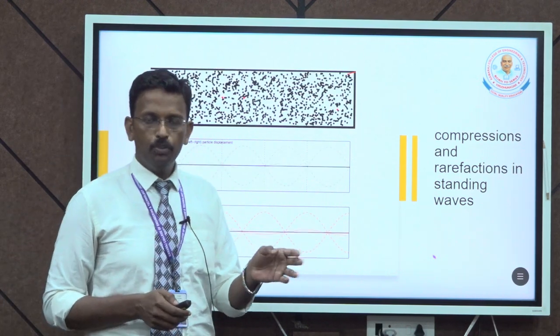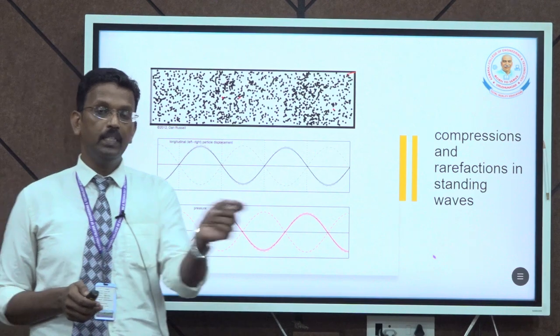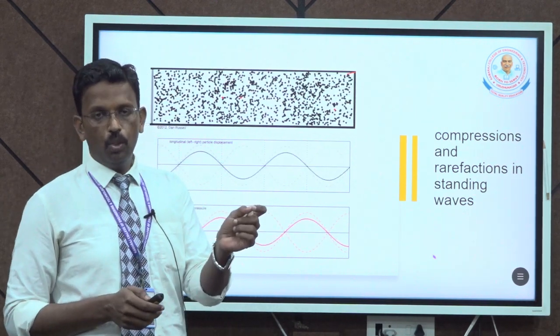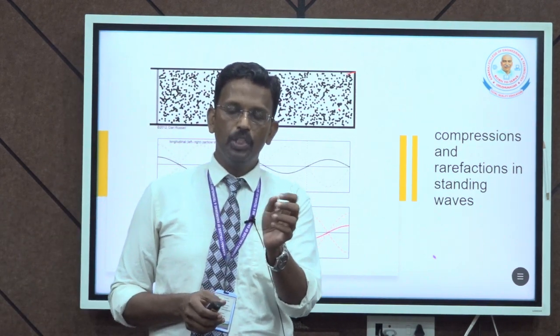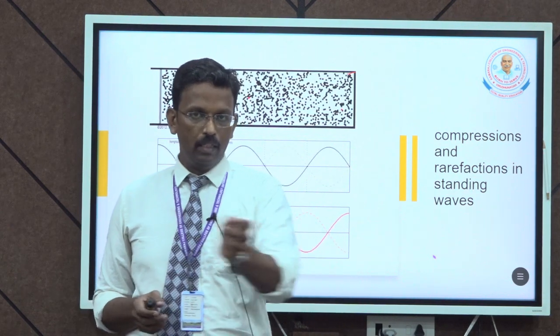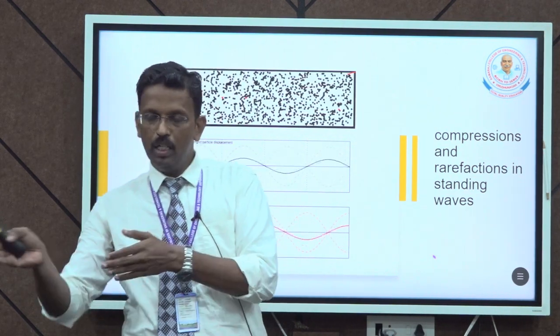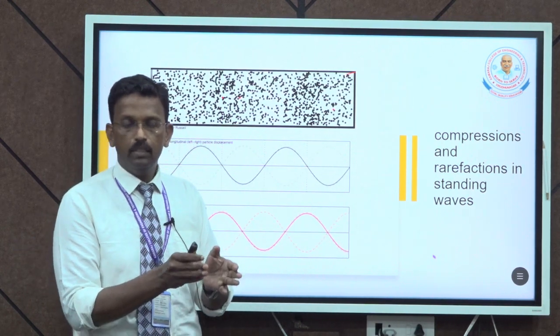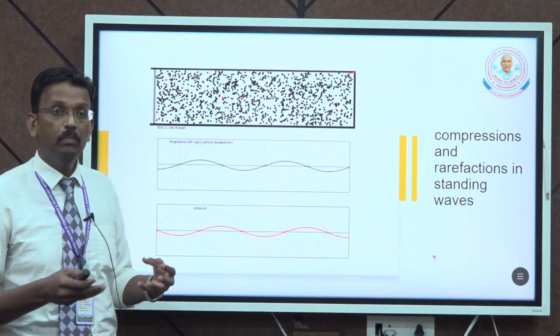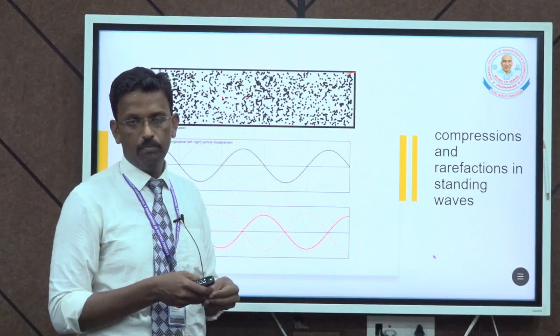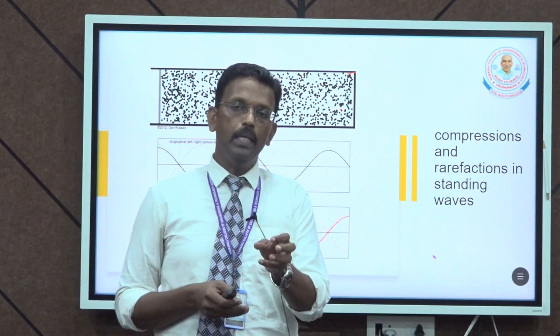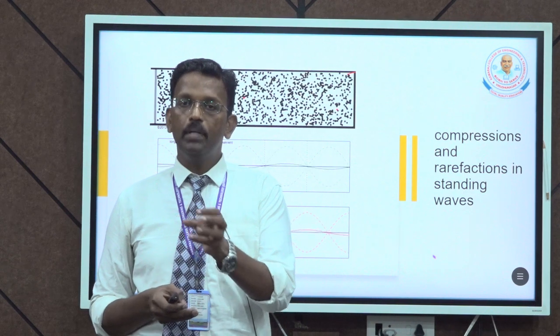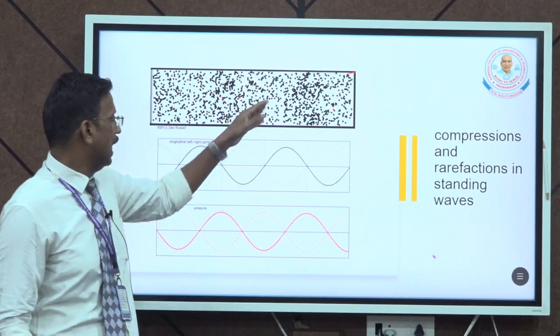At an antinodal position the particle displacement is very large. So, at antinodal positions particles are always moving toward the nearest nodal planes. So, the nodal planes always suffer compression and rarefactions.